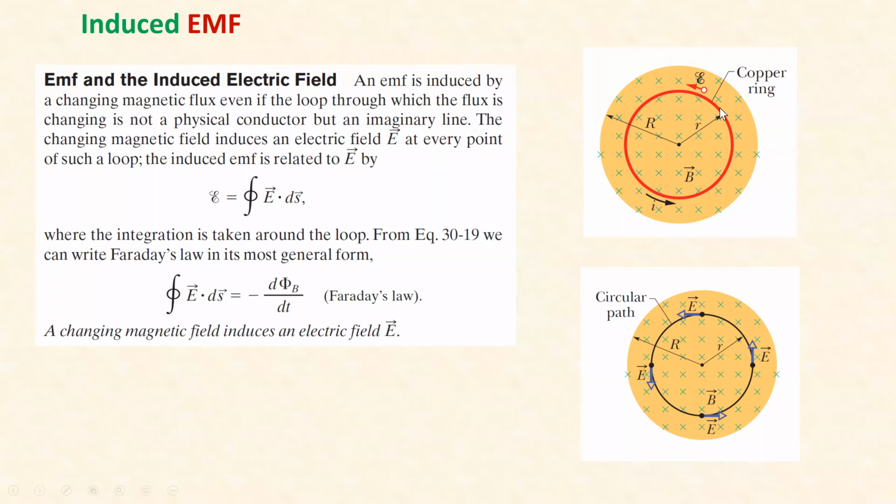And then we want to find L. L is equal to N phi B divided by I. Phi B is B times A for one round, but this is N of them.